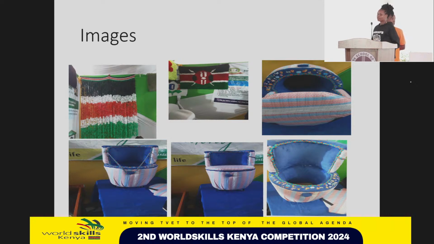I have an innovation, and my innovation is a homemade shopping bag curtain and a homemade wall mat. As you can see them, they're made in the colors that resemble the flag of Kenya.